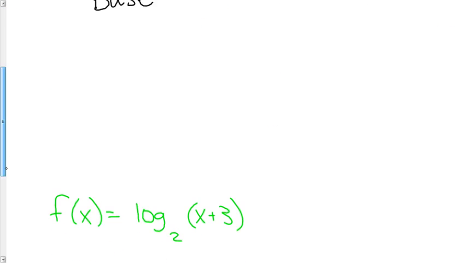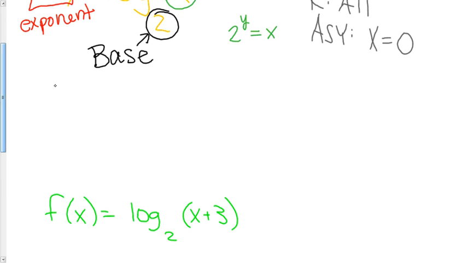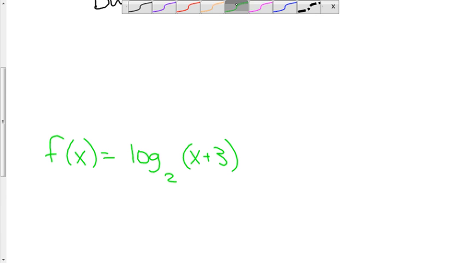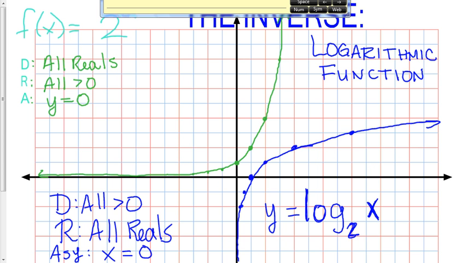Now, just like with any other particular function, if we want to sketch the graph of something like this, then what is the x plus 3 going to do for our graph? Yes, it is going to shift it left three spots, or 3 places. So now, looking back at our graph, it would take all of these coordinates and move them left 3.